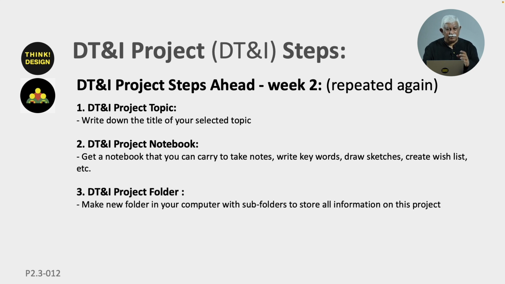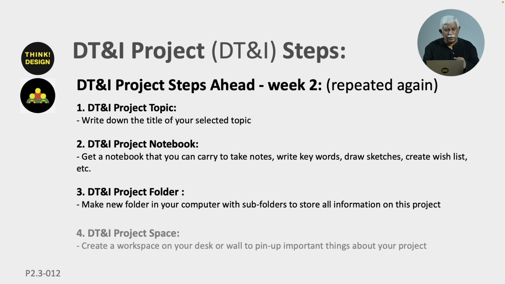If it is inside a computer, you create a project folder with subfolders for each phase of the design project, and you start putting content into these subfolders. If you can, create a project space around your workspace, desk, or wall next to it, so that you can put important things connected with your project.